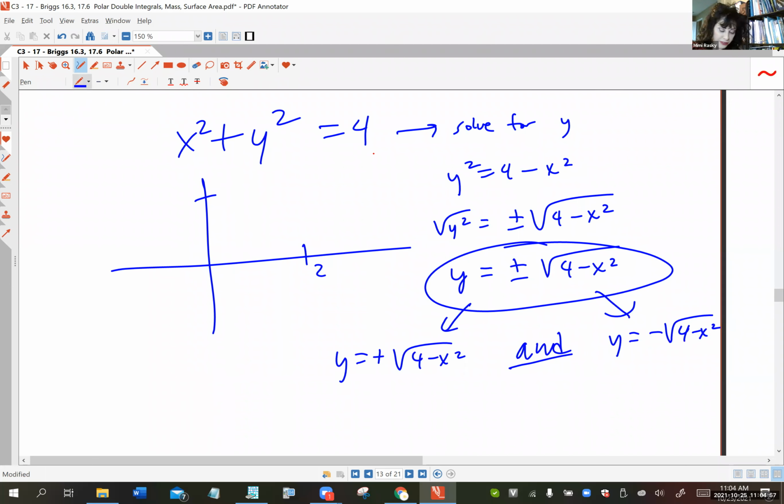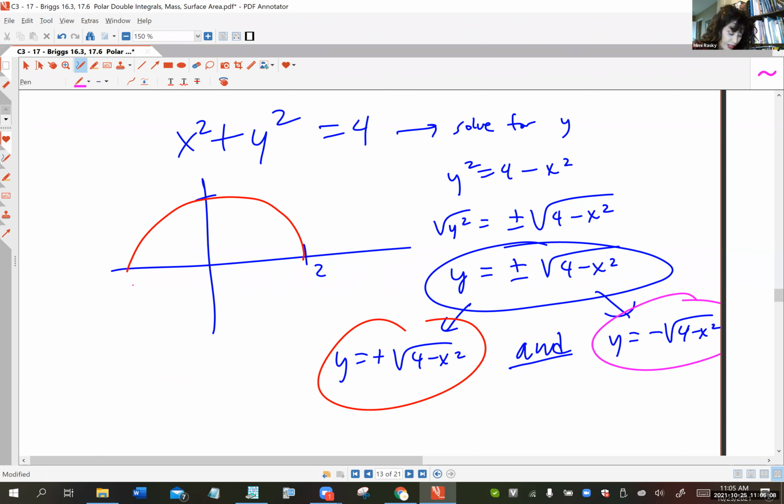When you graph the positive square root of 4 minus x squared, you'll get the upper semicircle. If you graph y equals negative square root of 4 minus x squared, you'll get the lower semicircle. You can test this on your graphing calculator in case you don't believe it. So that's one way of looking at the circle.